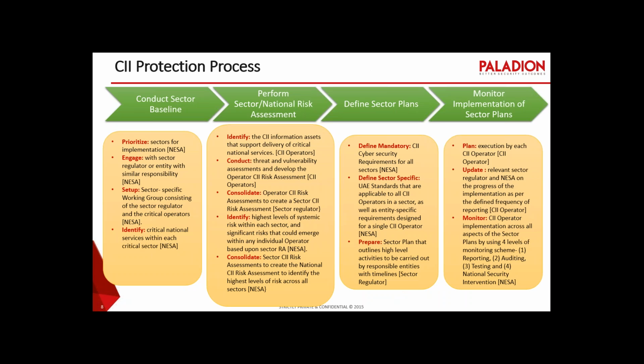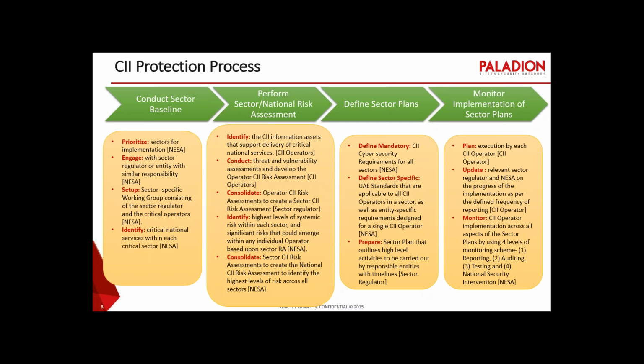They have identified 10 critical sectors, and the first step is to create a baseline of these sectors, and the second step is to perform a sector national risk assessment on these sectors, and then going forward, defining a comprehensive plan that the sector has to follow in terms of implementing the security controls. And finally, the 4th step is continuously monitoring the implementation of these sector plans.